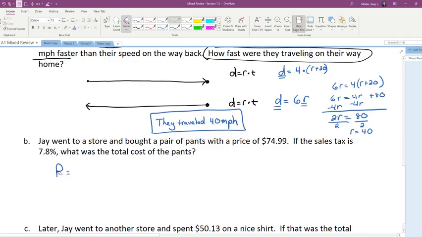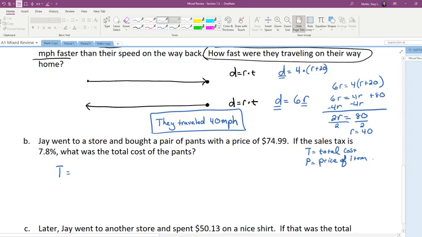well, let's do this. I'm going to call that T. So I'm going to let T equal the total price. So I'm going to say that off to the side. T equals total cost. I'm going to let P equal price of the item. And let's see where we get with this.